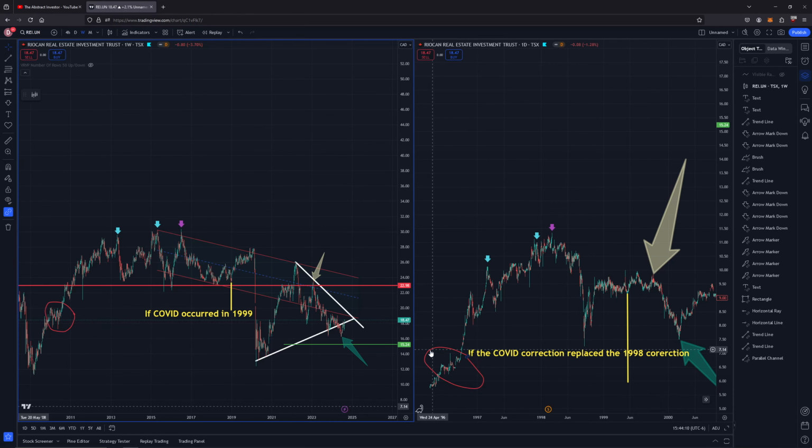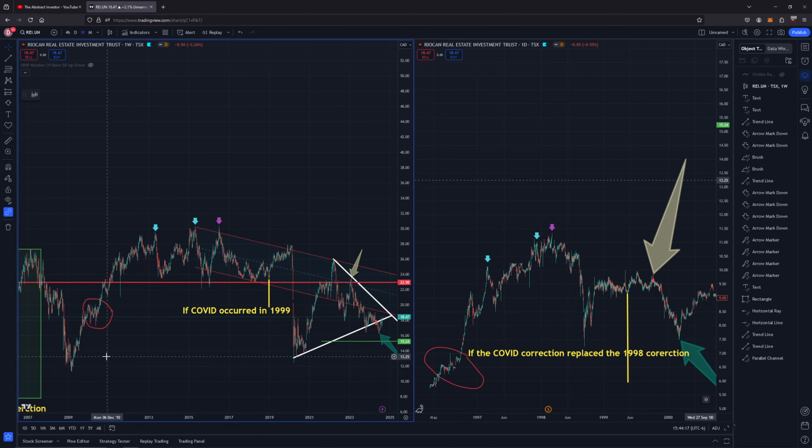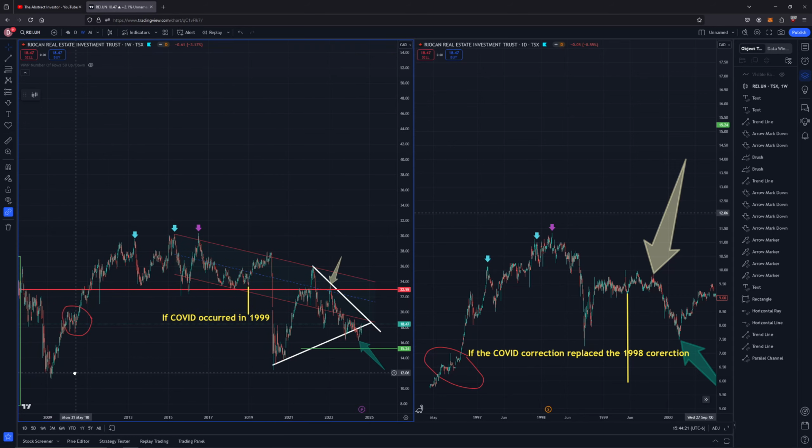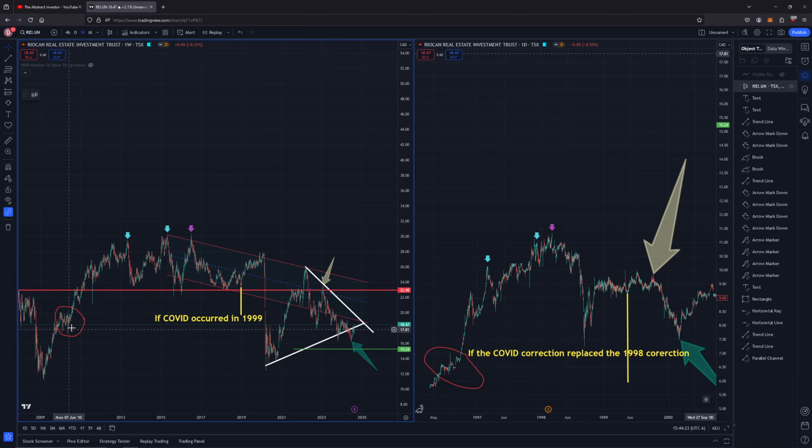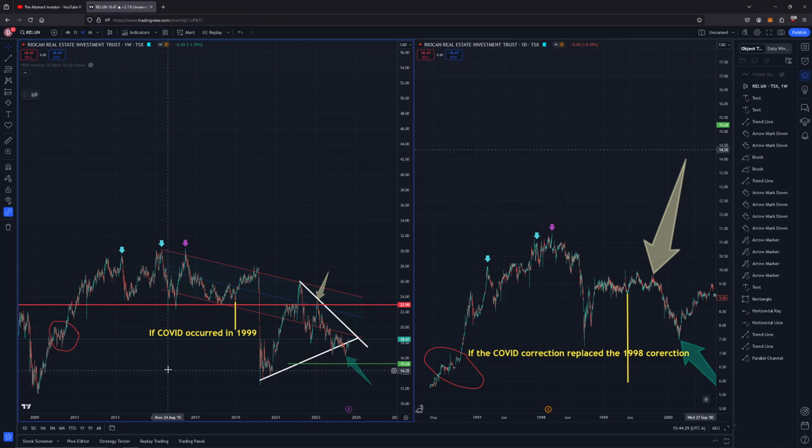So this first red circle here in 1996, you can see that's the beginning, right after the great financial crisis that bottomed in 2009. I've got that red circle right here replicating the start of the 1996 pattern.